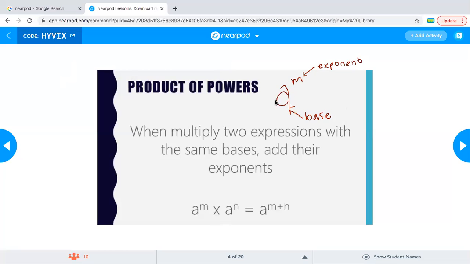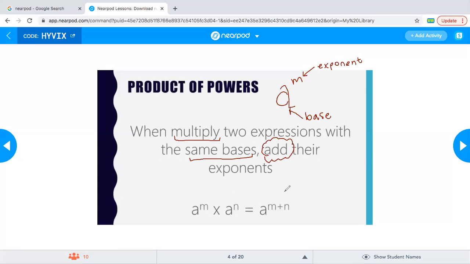So the number or the letter or the variable that you're applying the exponent to is called your base, and what is being raised to is called the exponent. There are conditions that have to be met. They have to have the same base. So if they have the same base and you're multiplying them, you add their exponents.